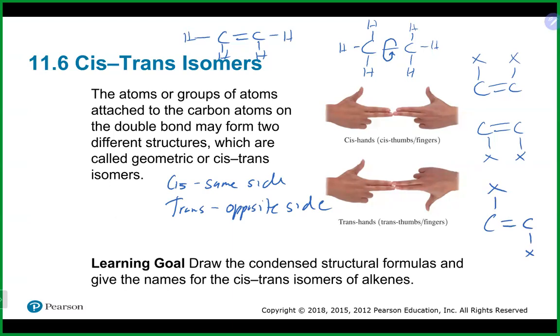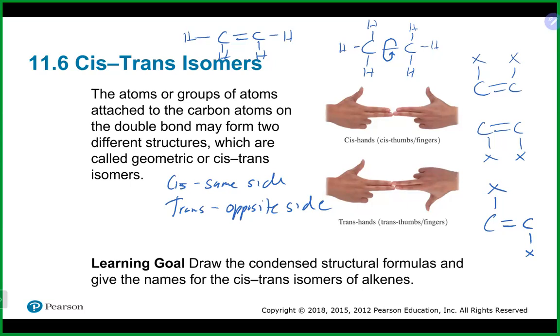So when we look at cis and trans isomers, we always want to look at the double bond, and we want to find four groups that are attached to that double bond, two on each carbon, and see their location relative to each other. Now, will we always get a cis and trans isomer developed? The answer is no. There are certain situations where you will not get a cis or trans isomer.